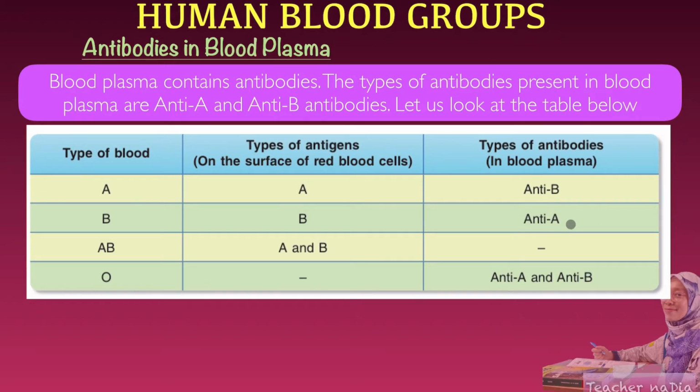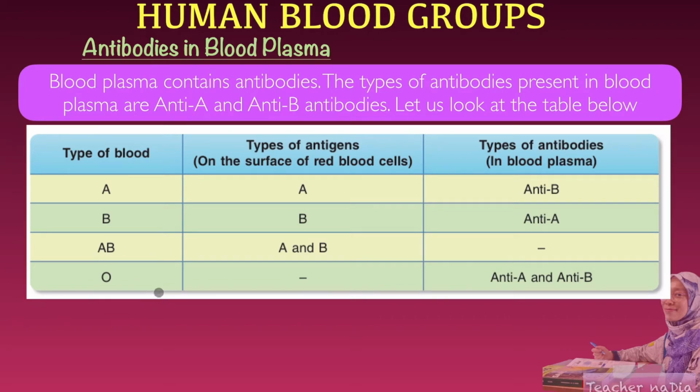For AB blood, there are antigens A and also antigens B. Since it has both antigens, there are no antibodies in the blood plasma, meaning that there are no anti-A or anti-B. The last one is O blood.